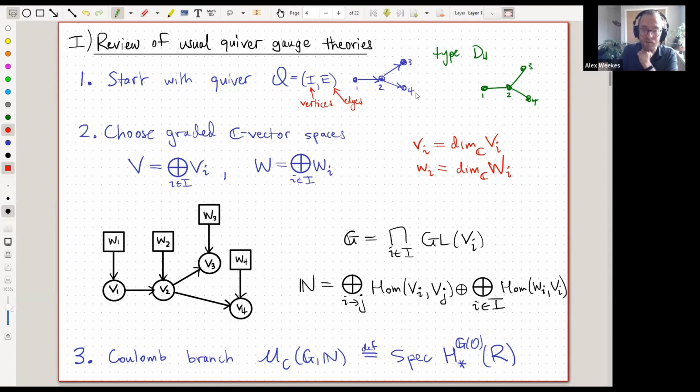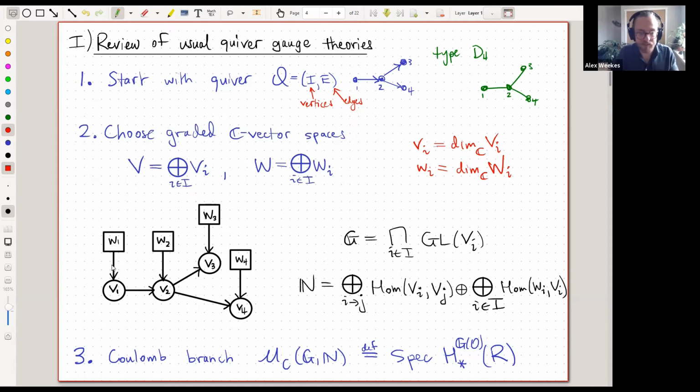I've got the same underlying quiver Q at the bottom of this picture, and above it I have these framing box vertices, which encode the W's. I'll often, at least a few times in this talk, write little v for the dimension of the vector space V, and w_i for the dimension of W_i. Whether it's capital or not is hard to tell from my writing, but I hope it's clear from the context which one is meant.